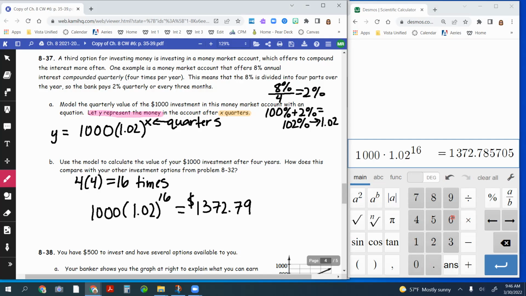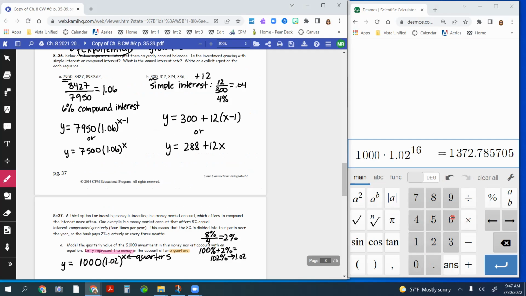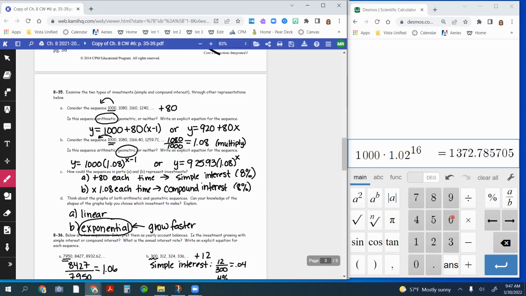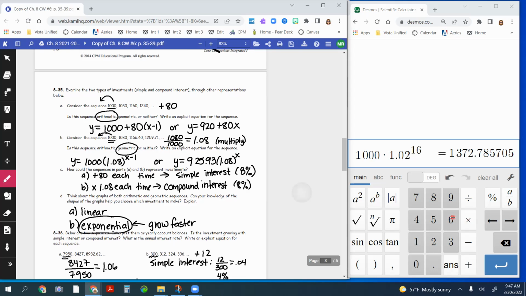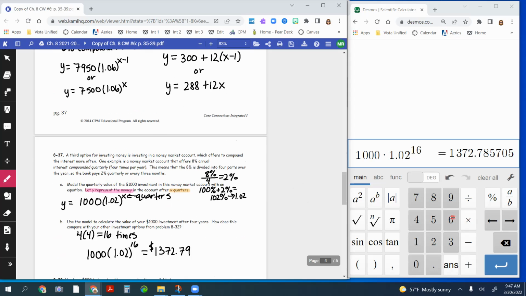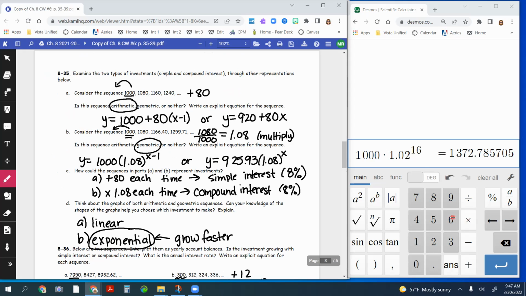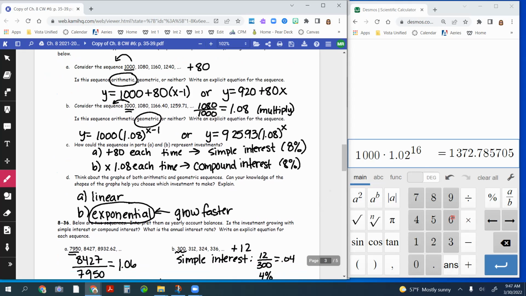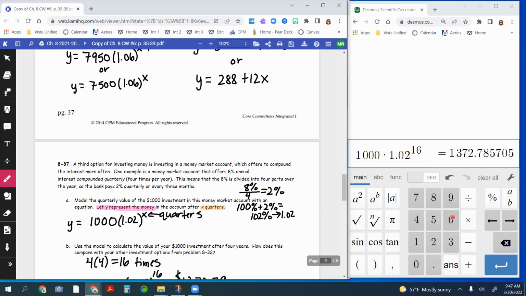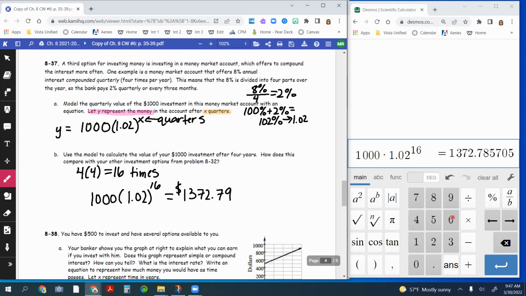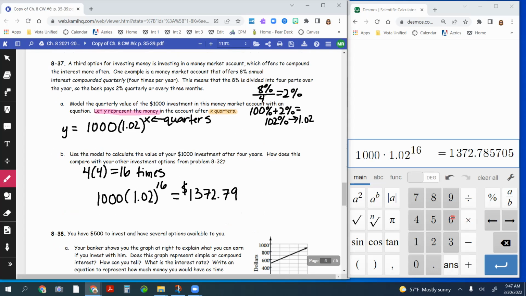How does this compare with your investments in problem 8-32? So in this case, let's see, do we have 8-32 here? Okay, I think they mean 8-35 here. So in this case, we're going to be getting more money because the 8% simple interest was the least amount. 8% compound interest was more, but if it's 8% compounded quarterly, that's going to be even more.